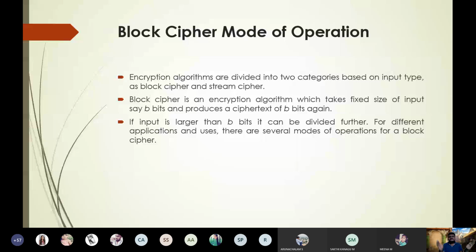I will perform the encryption operation on the first 64 bits individually, and on the same thing, I can perform the individual function on the remaining 64 bits. Clear? This is the main concept in a block cipher mode.